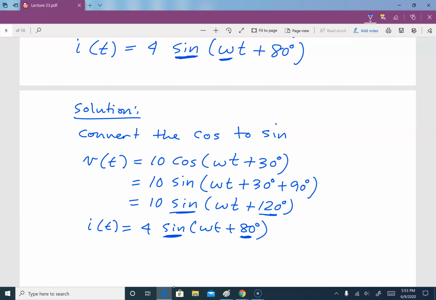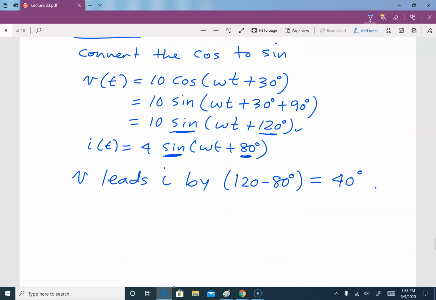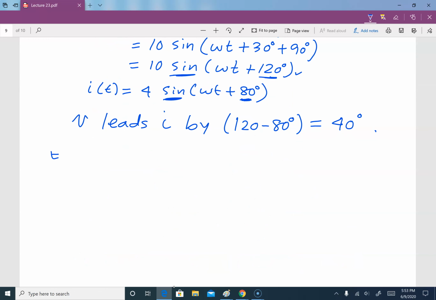That means for sure that V is leading. So V leads I by 120 minus 80, and that is by 40 degrees. Let us go with the last example here.